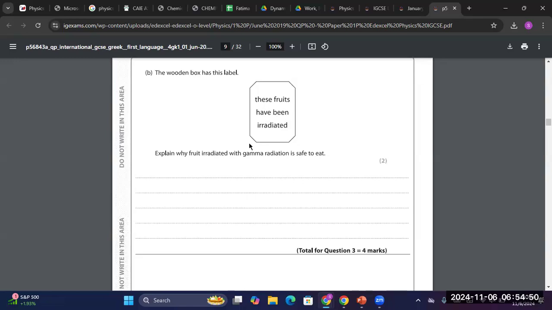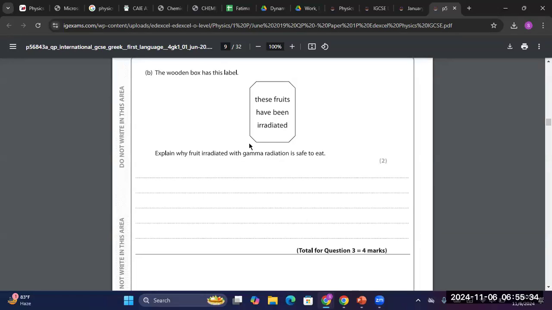Why am I not worrying that the radiation can harm me as well? Is it because they have low ionizing power?